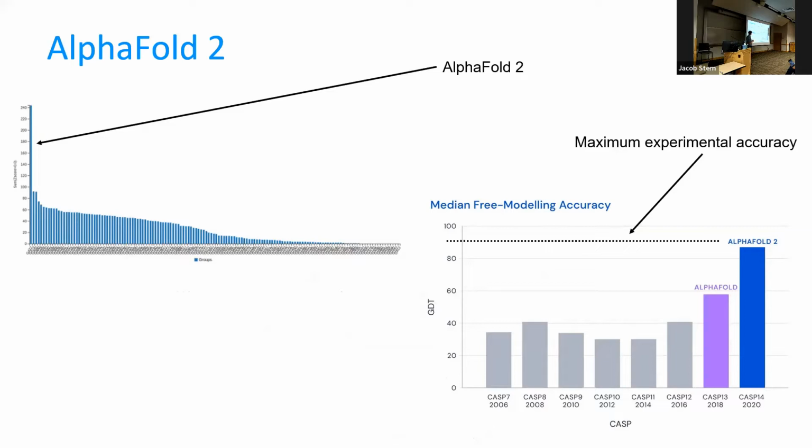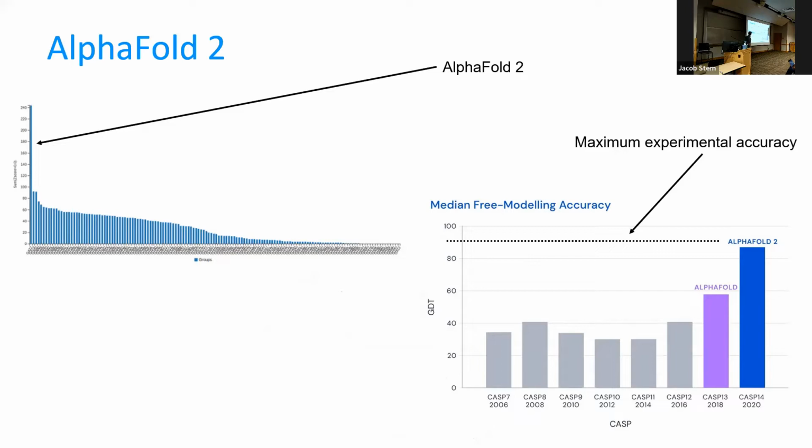And you can see these are all of the different submissions to the protein structure prediction competition, and this one on the end is AlphaFold 2. These scores are based on basically some standard deviations above the mean.